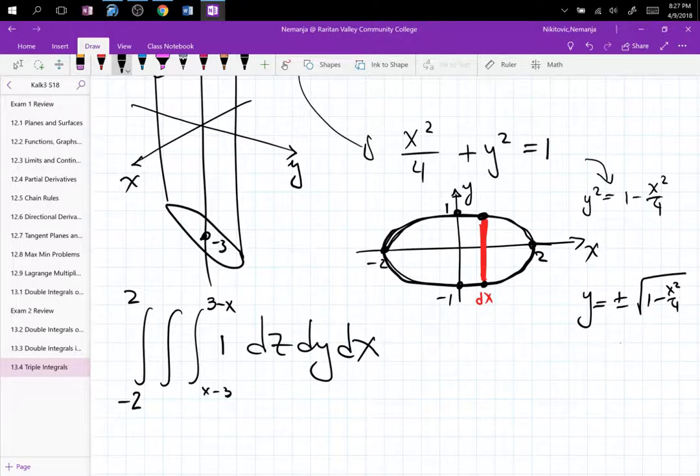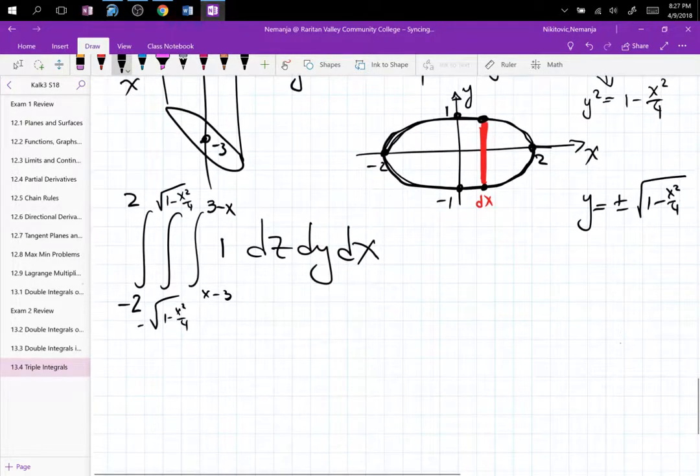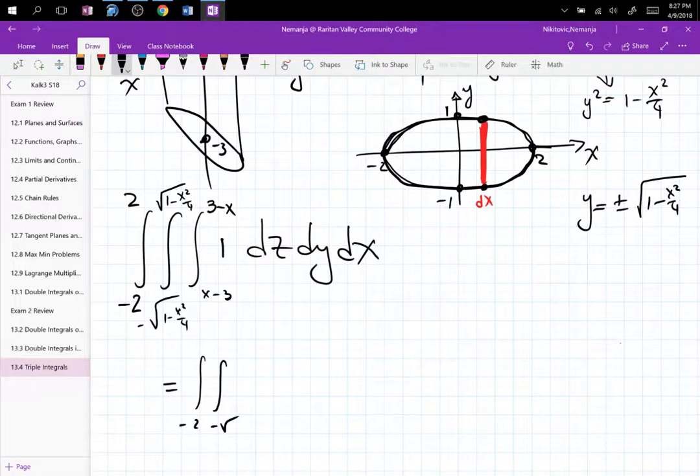And now for the inner ones, I have negative square root of 1 minus x squared over 4, and positive square root of 1 minus x squared over 4. And now all we need to do is to integrate this.